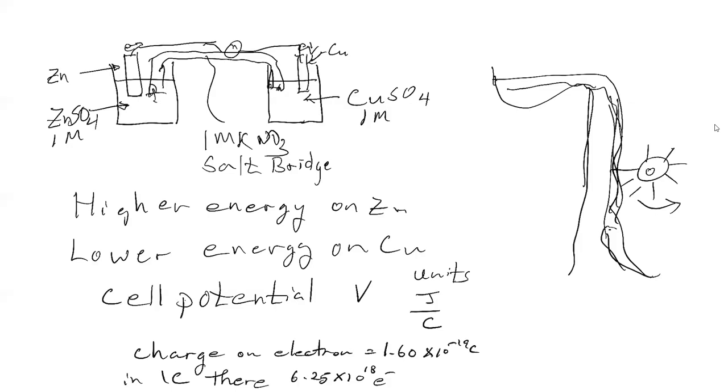zinc. So I'm going to put my zinc in here. Here's my zinc solution. We'll make it 1 molar. Here's my zinc. And then we'll make the other piece. 1 molar H plus.